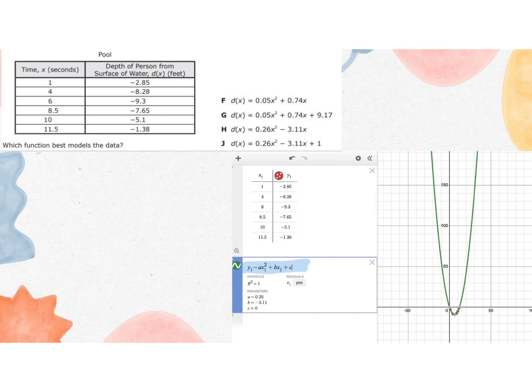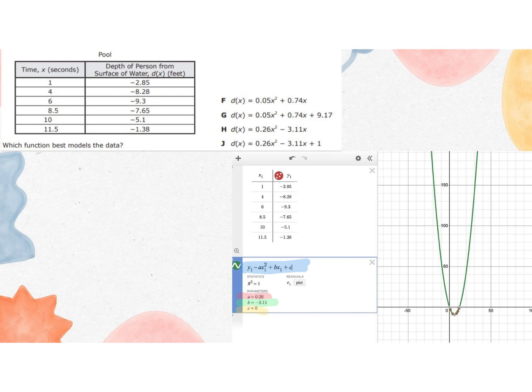So I have my y sub 1, my tilde sign, ax sub 1 squared plus bx plus c. And notice that Desmos gives me the information. They tell me that my a value is approximately 0.26, my B value is approximately negative 3.11, and for my C value, I have 0.